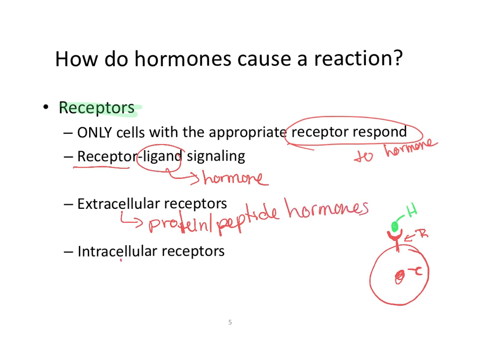And intracellular receptors may be used for steroid and thyroid hormones. And that's because those hormones, those ligands, can get inside the cell.